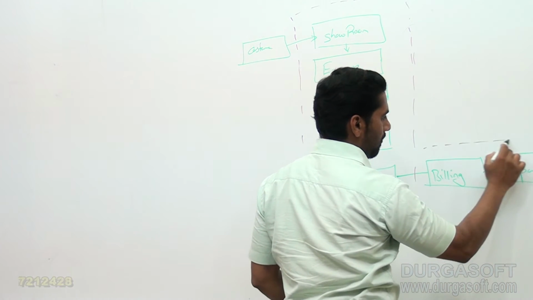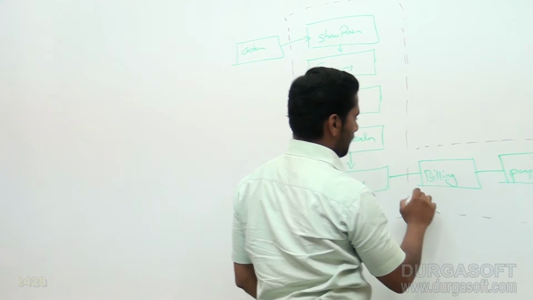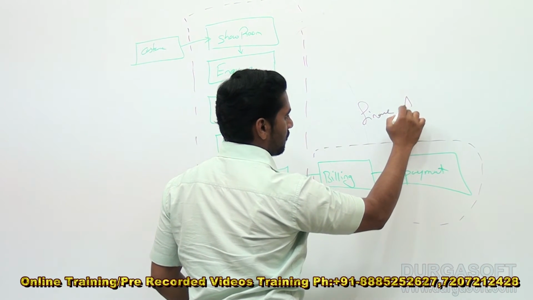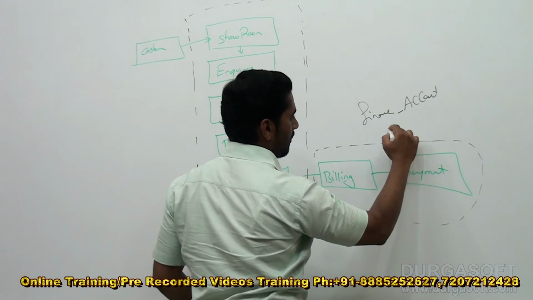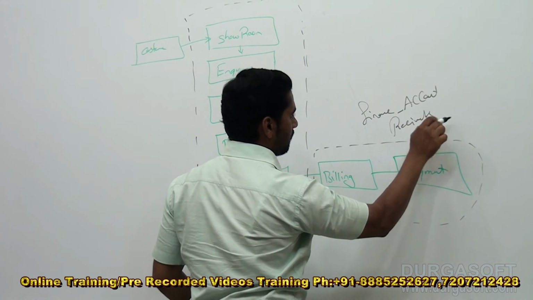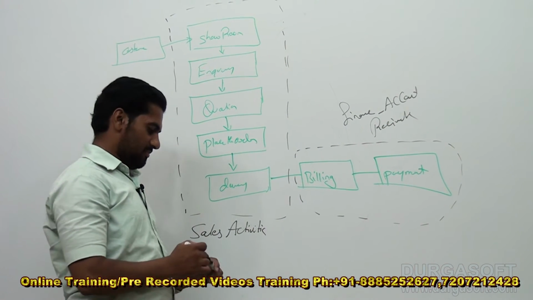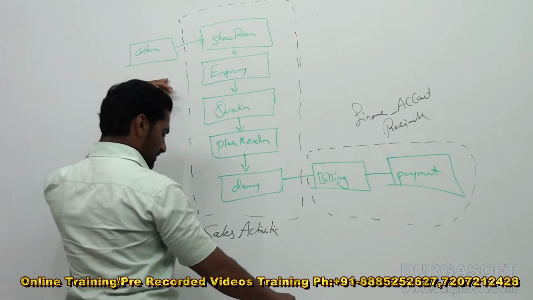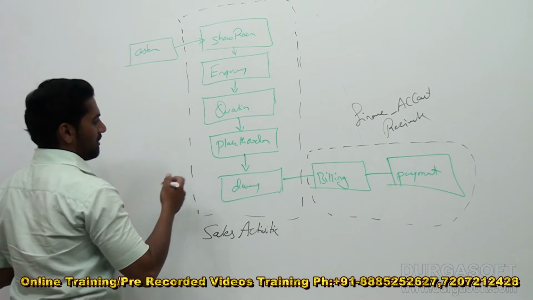And here, this comes in finance, which is called account receivable. Okay, so this is my finance receivable and sales activities. So here it checks the product.